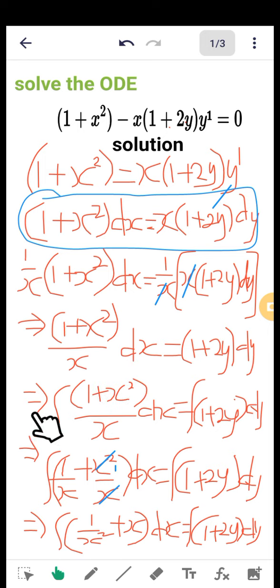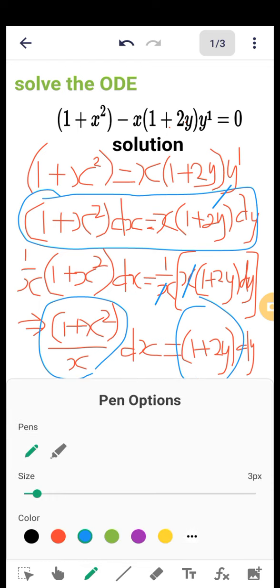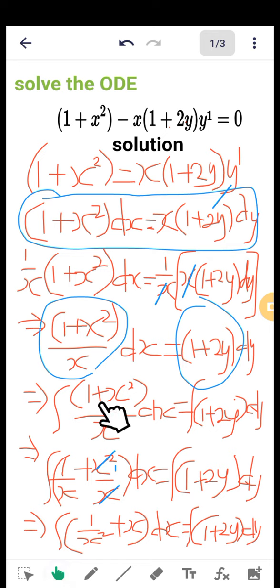This implies, taking the integral of both sides of the equation, the left and the right side, we get the integral of (1 + x²)/x dx equals the integral of (1 + 2y)dy.